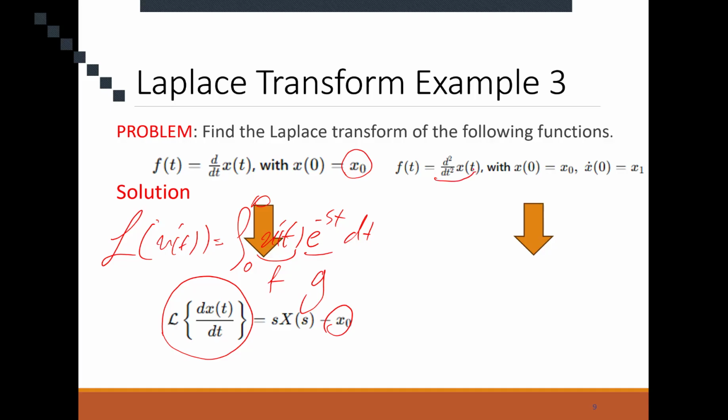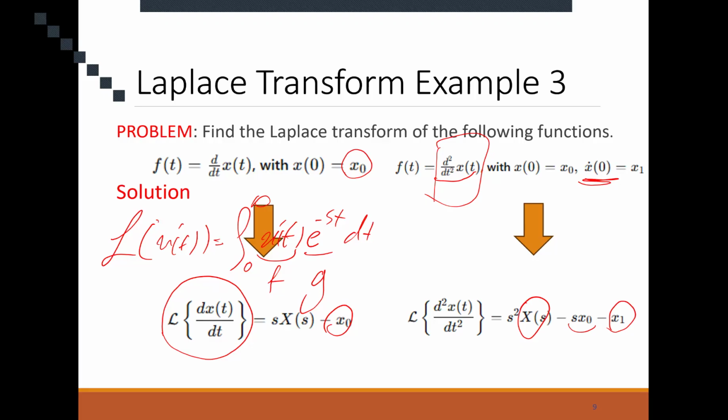Again, if we have the second order, you can run the integral or use that characteristics table, and we know that the Laplace transform of a second order derivative of x of t is going to be s squared times the Laplace of that function minus s times the initial value of that function minus the initial value of the derivative.